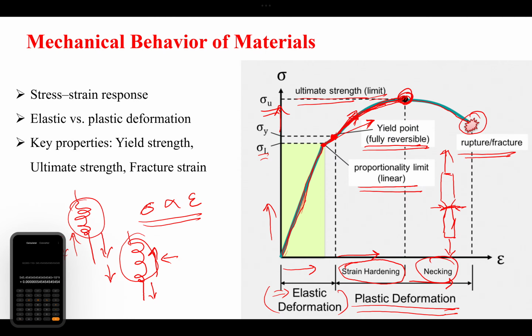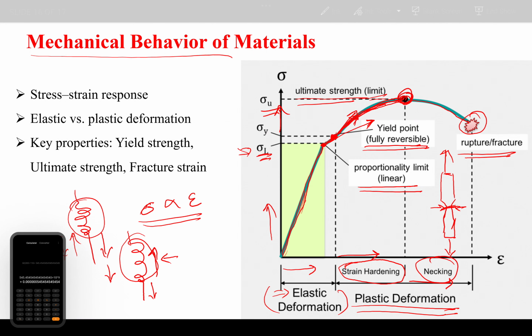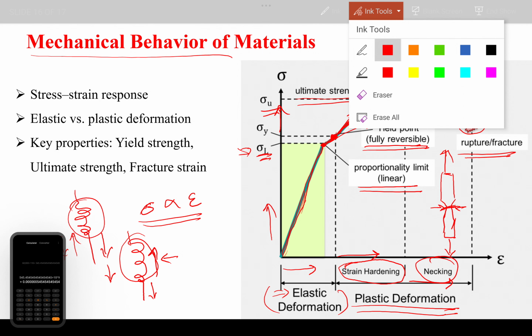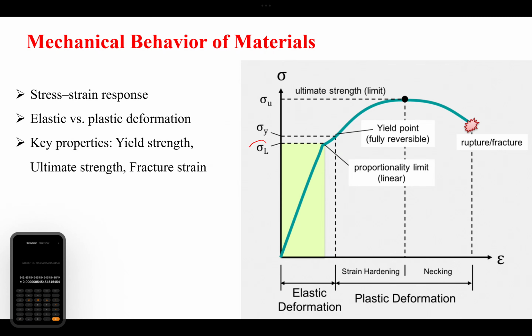So this is the whole mechanical behavior of the material when you apply certain stresses on it. We talked about the proportional limit, which is linear. That is the first point.